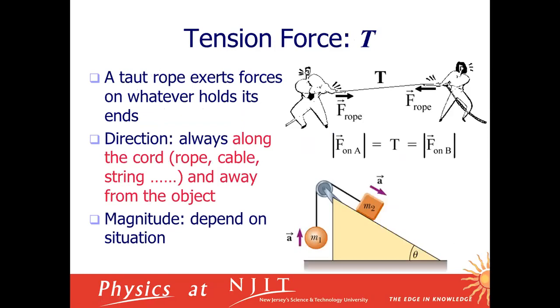Now tension, T. So we have the force as T, which refers to tension force. A rope exerts forces on whatever holds its end. Direction is always along the cord. Magnitude depends on the situation.